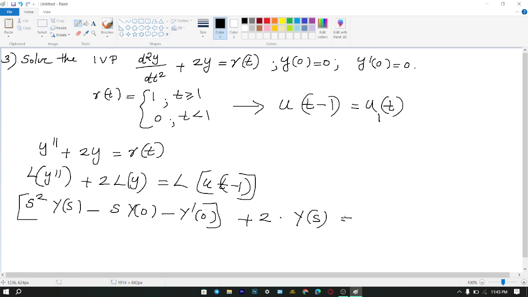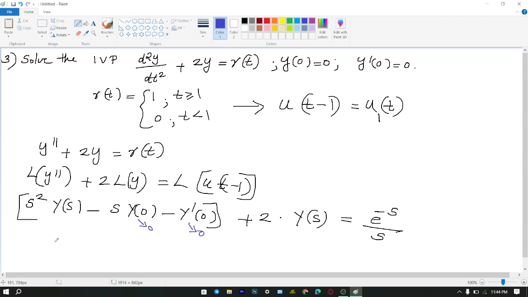And here the Laplace transform of the unit step function is e raised to minus as by s. So here a is 1, so e raised to minus s divided by s. Now you can substitute the value of y of 0 as 0, y dash 0 as 0.